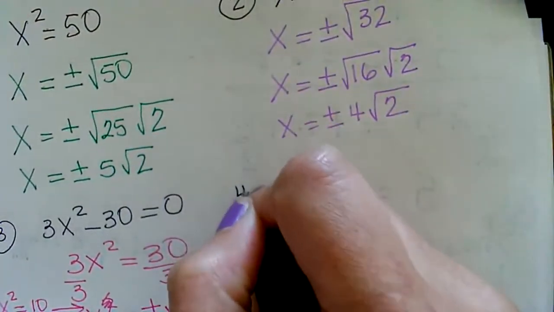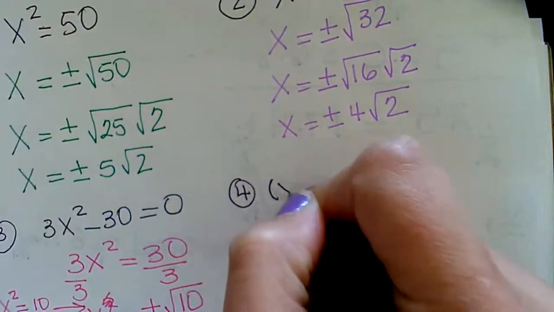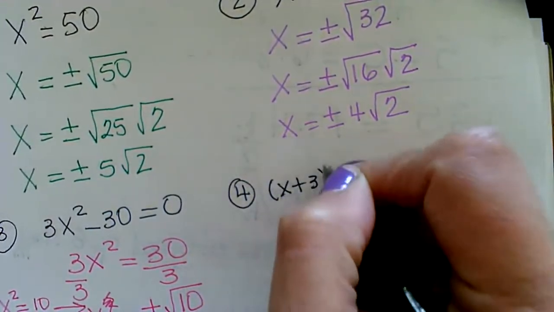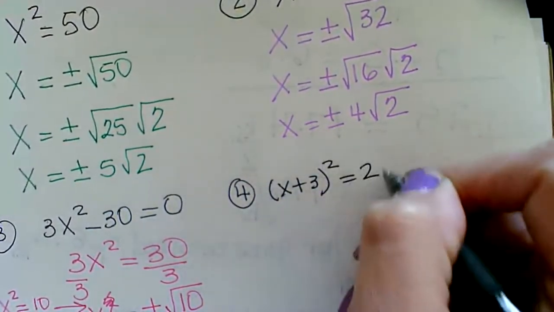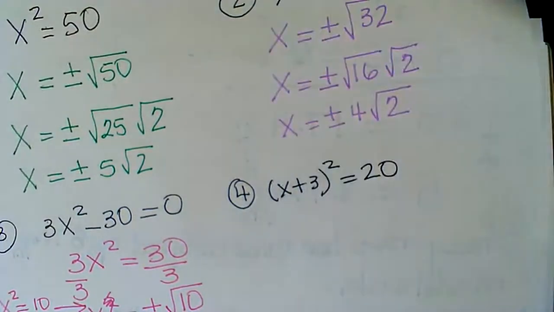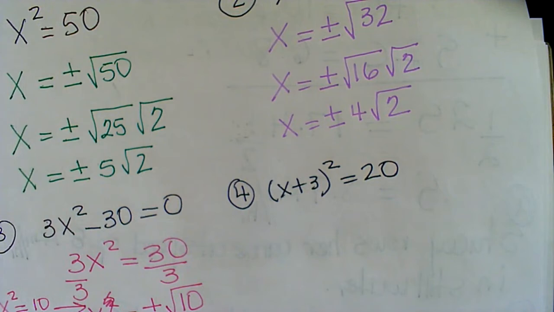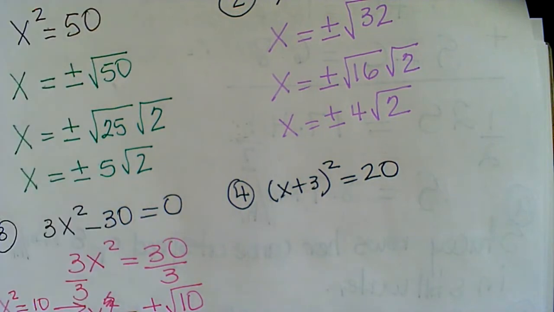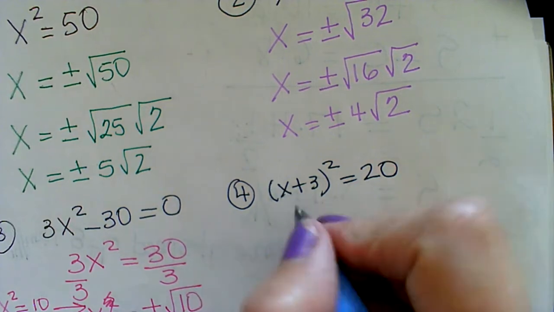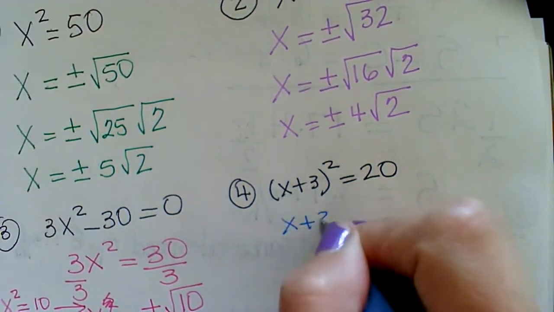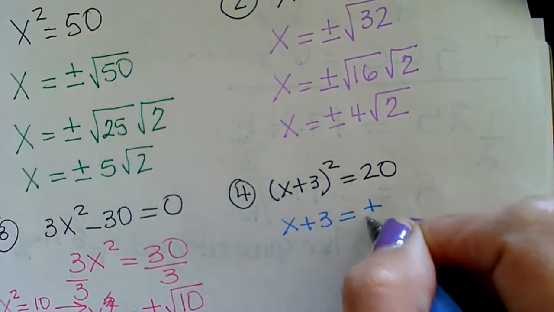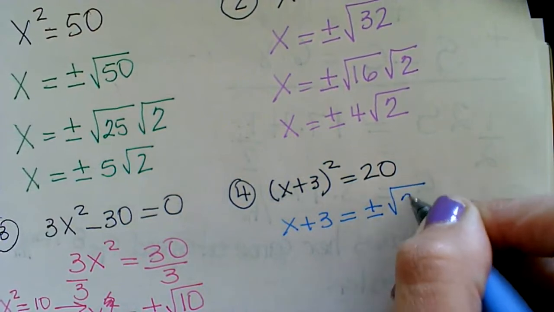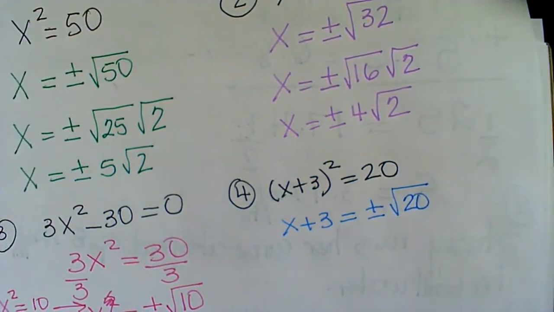Okay. Number 4: x plus 3 squared equals 20. So if I apply the square root, this is going to be x plus 3 equals plus and minus the square root of 20.